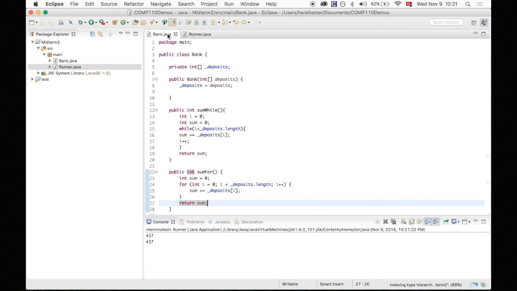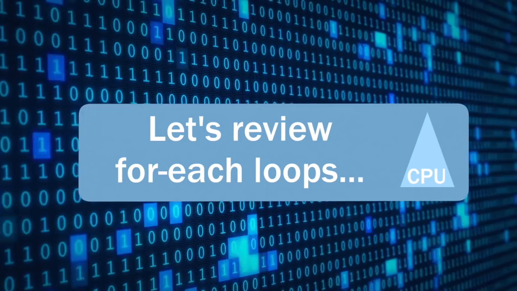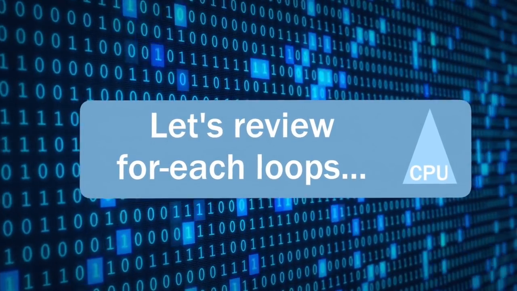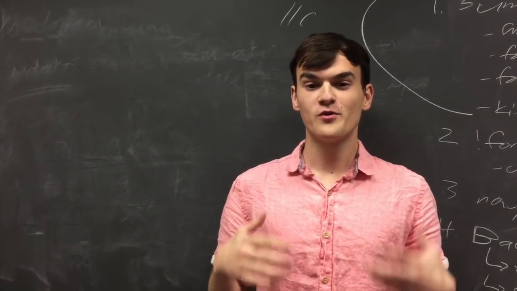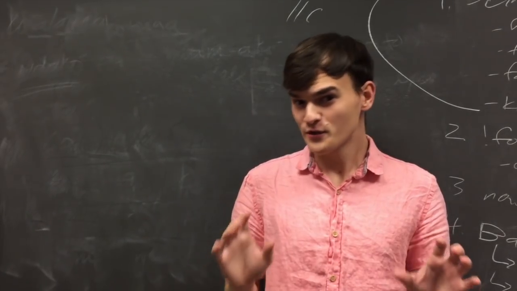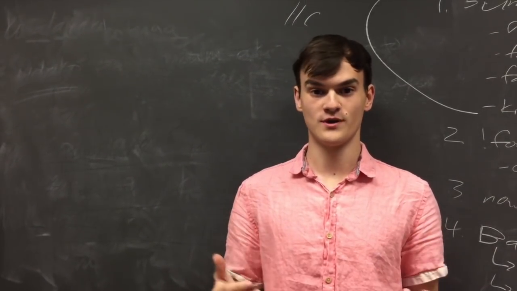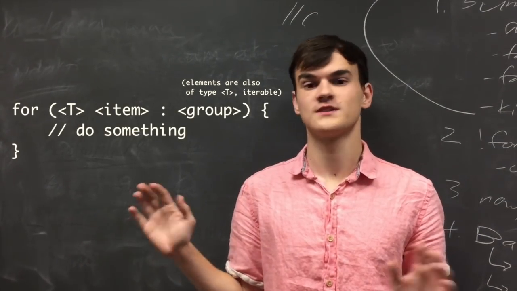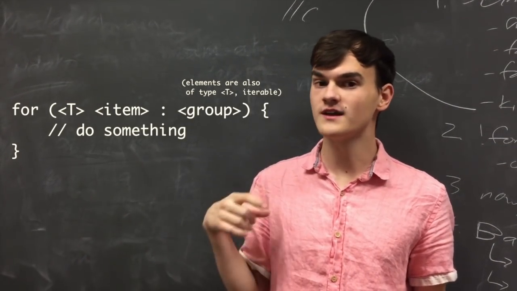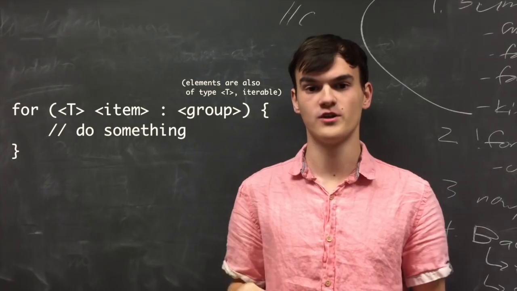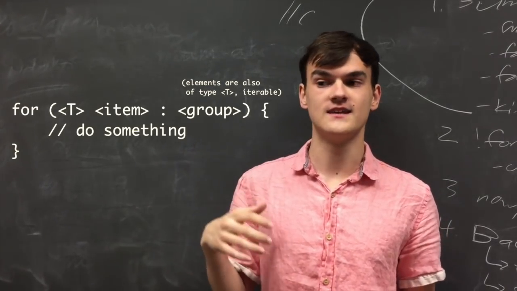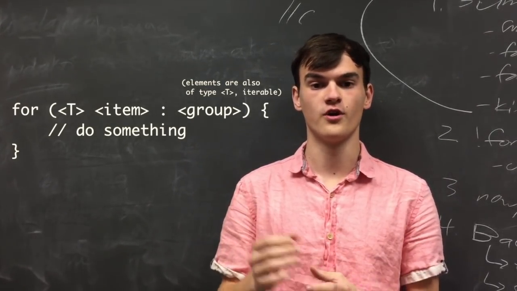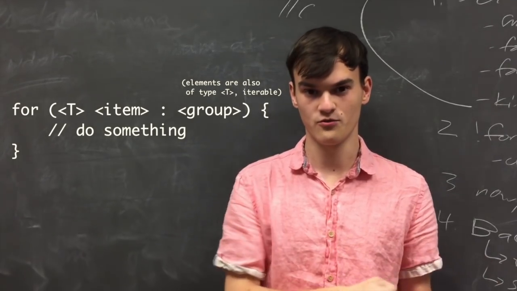What about those for each loops? With for each loops, the syntax can look a little weird at first, but it's really simple once you get the hang of it. This is a for each loop, and it starts out with the word for, just like a normal for loop, and then it has two things inside the parentheses separated by a colon. The thing on the left side is like a placeholder variable for each singular thing that we're looping through.